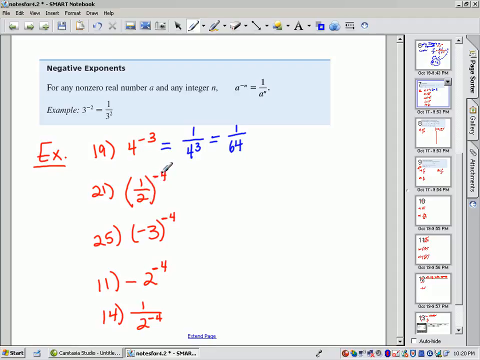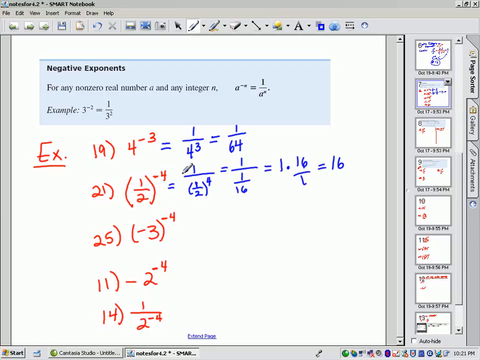We'll talk about in just a moment a way that you can do that easier, but for the time being we're going to think of this as 1 over our base, which is 1/2, to the fourth, which is 1 over 1/16. And then you remember that when you divide fractions, you multiply by the reciprocal. So this is the same thing as 1 times 16 over 1, or just 16.